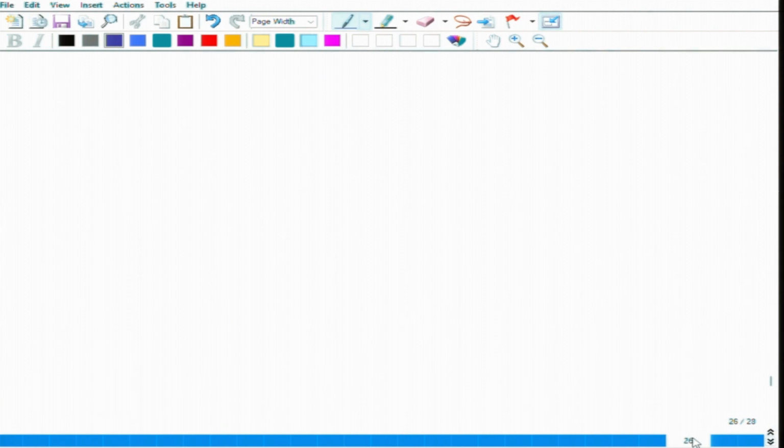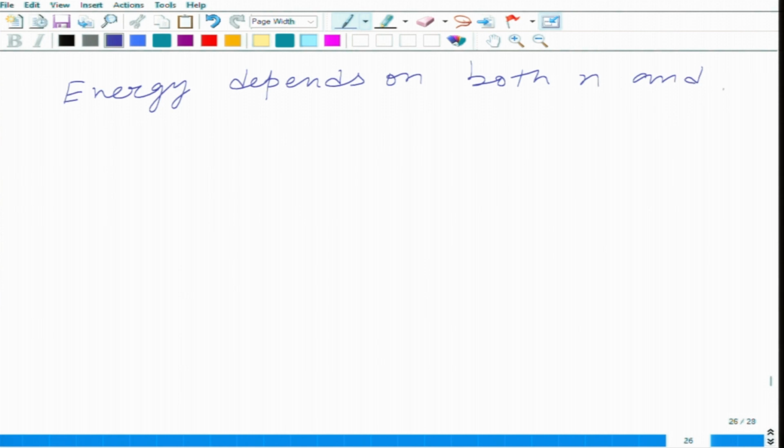Now, we have said that for a multi-electron system, energy depends on both n and l. Now, there is the n plus l rule for this.